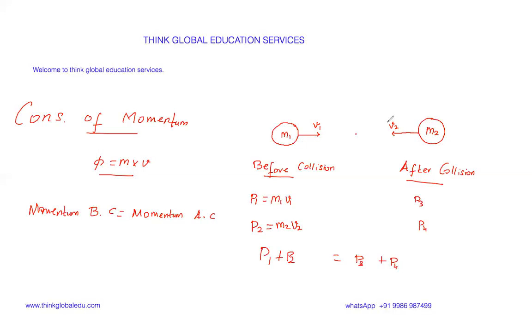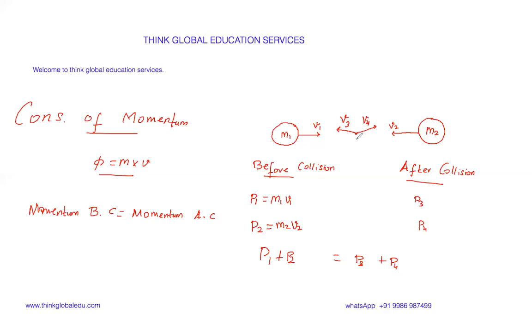Now we can discuss the possibilities of these collisions. Here, when m1 and m2 collide, maybe m1 might move in this direction after the collision, and m2 might move in this direction after collision. And their velocities might change to, let's say, v3 and v4.